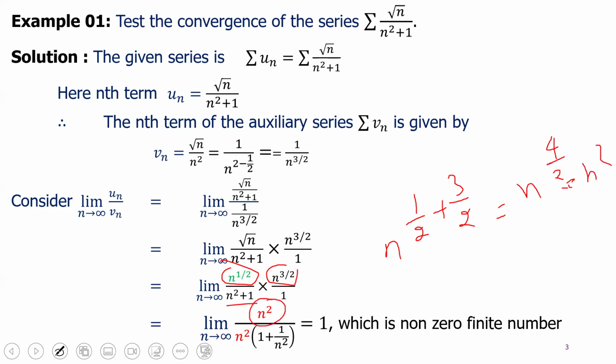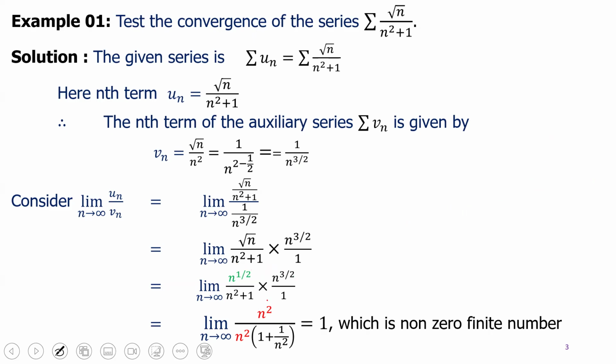Here n square is written. Now in the denominator, if we take n square common, what do we get? 1 upon 1 plus 1 upon n square. So the expression is converted into this form.